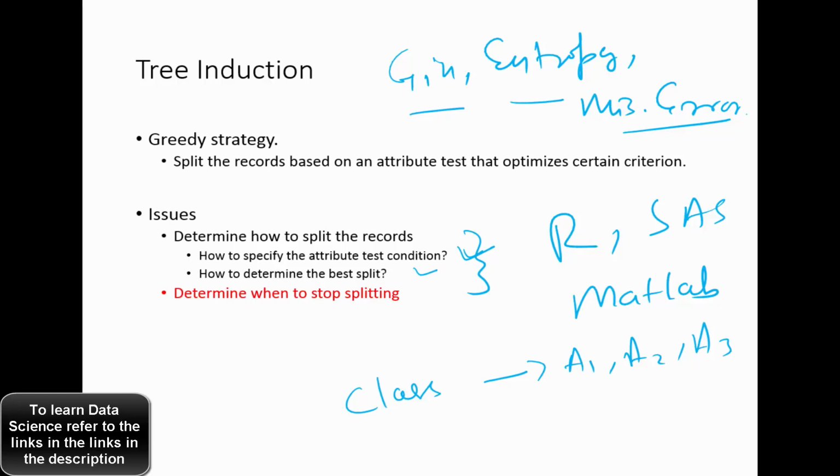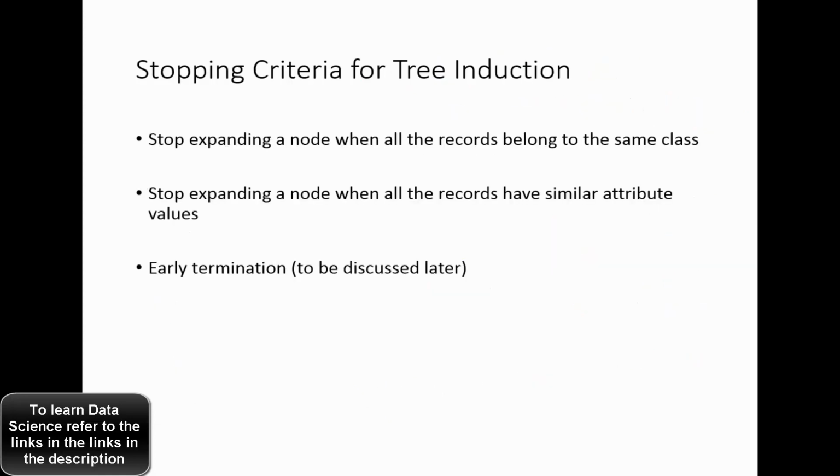So the final thing that we are interested in is determining when to stop. Now the tree can go on and on. So how do you know where exactly to stop? So we consider what is known as a stopping criteria for tree induction. Stop expanding a node when all the records belong to the same class.